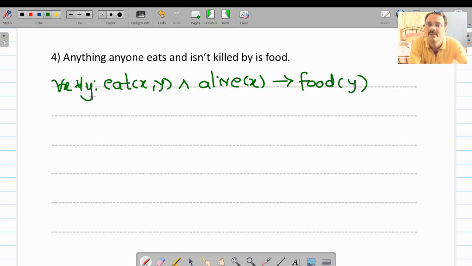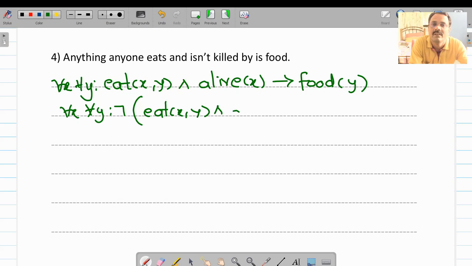So first we will remove this implication. So not of left hand side or right hand side. So that will give me for all x, for all y, not in the bracket, eat xy or alive x, not this, or food y as it is.